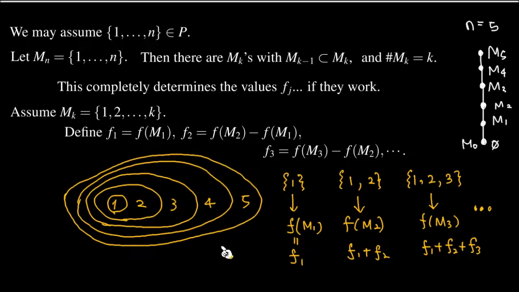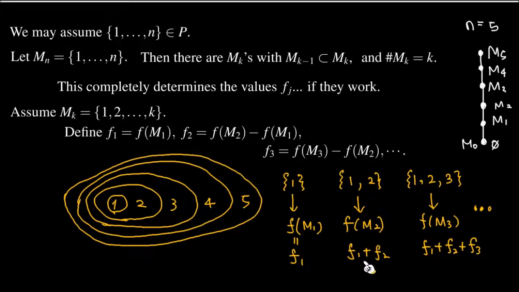So here's a picture. With these five examples, this little one here is m1. This one with 1 and 2 is m2, and this one is m5. That first set m1 has 1 in it, so it has a function value f of m1, and of course we make that f1, because that's the element inside that set. Now we have m2, with 1 and 2 in it. It has function value f of m2, and we want to make these two things equal. We want to figure out the value f2 such that these two things are equal to each other.